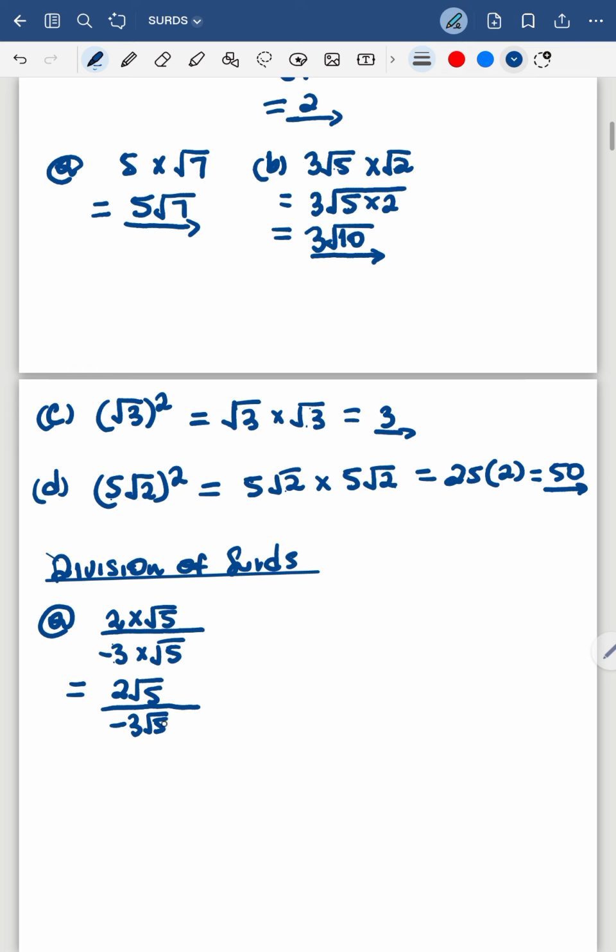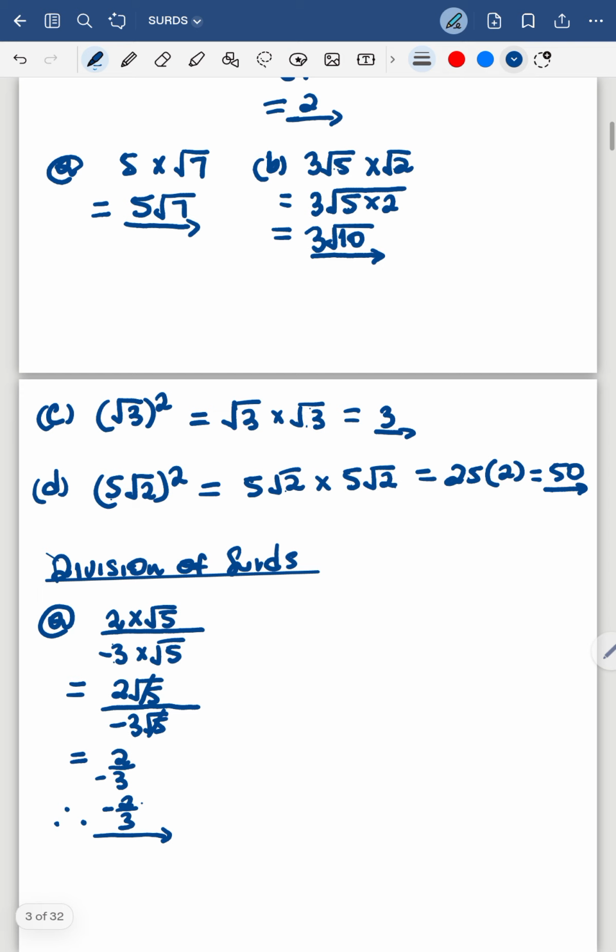Okay? Now we are doing the multiplication, but we are in the division. So what does it mean to you now? It means that this root 5 and this root 5 will divide and cancel. Then you will be left with 2 divided by negative 3. Therefore, the fraction is written like this.